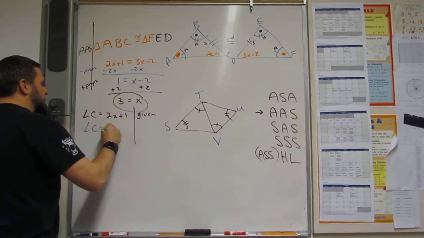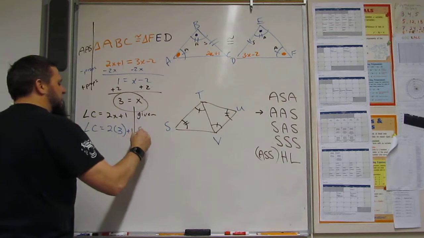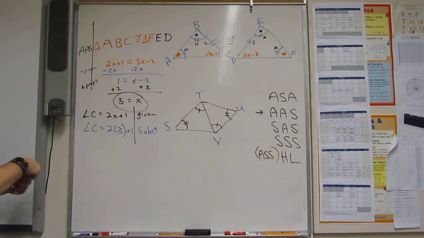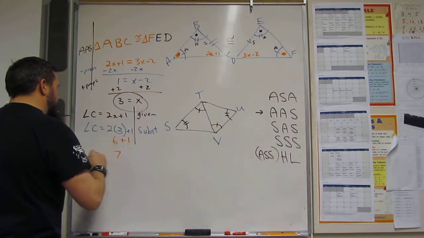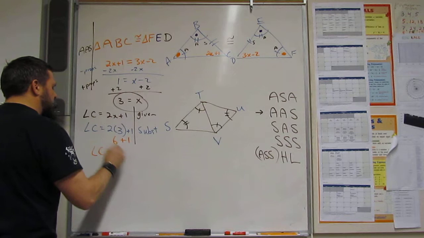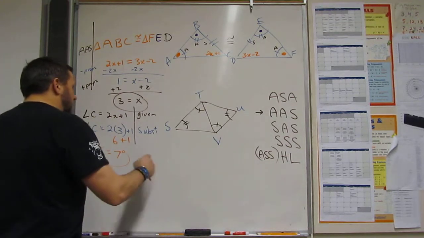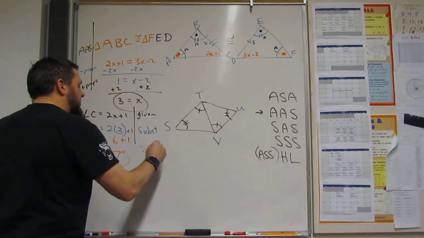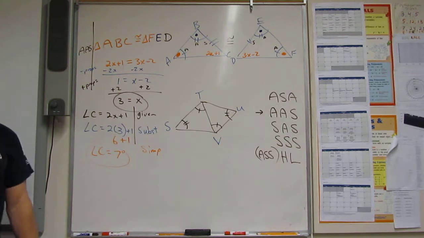Angle C is equal to 2 times 3 plus 1, which is substitution. 2 times 3 is 6. Plus 1 is 7, so angle C is equal to 7 degrees. Okay? And that's via simplification. Pretty easy, right?